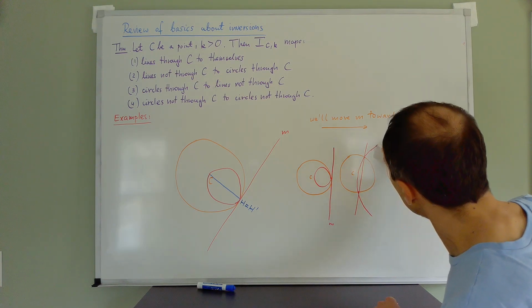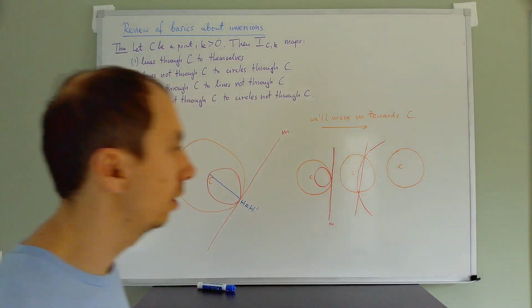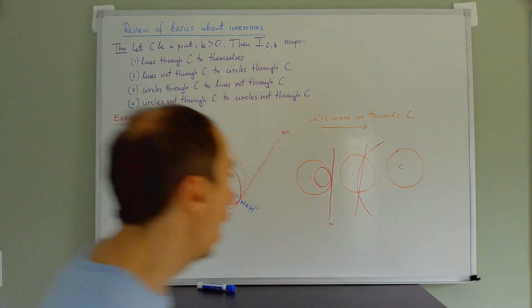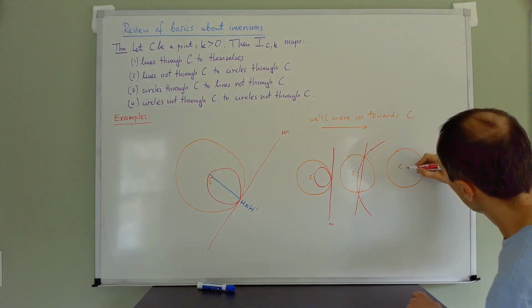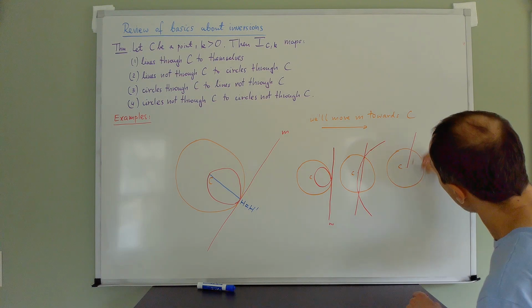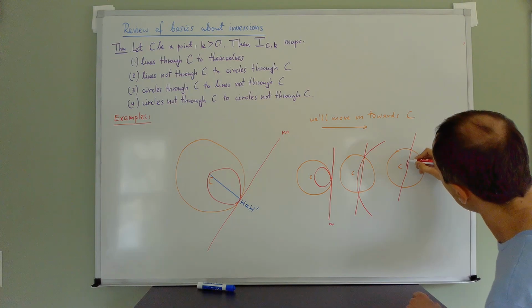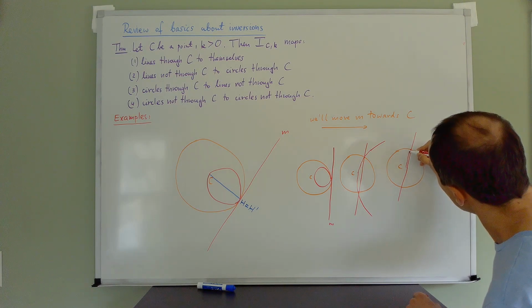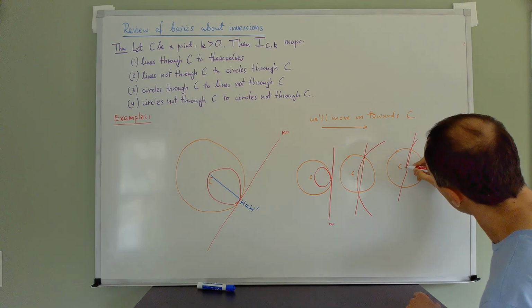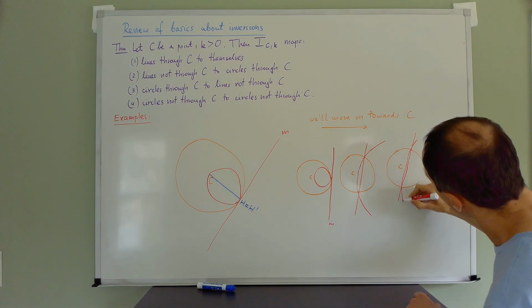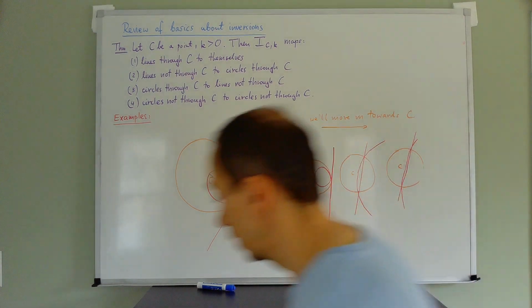It's kind of a gigantic circle. And if I finally move the line really close to C, again the circle has to go through these points, so it looks like that.